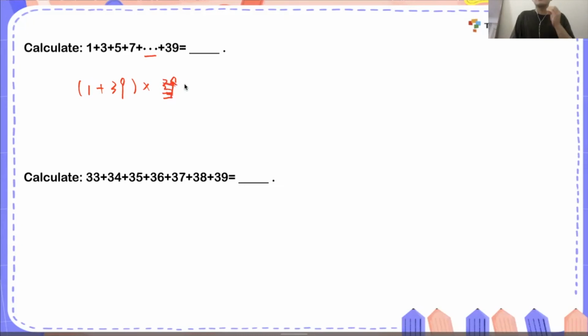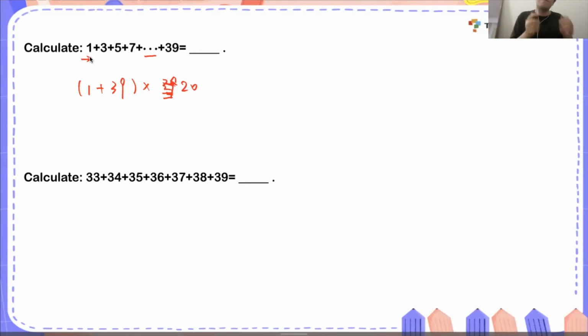Okay, great. So we should have another number that is the number of terms in this arithmetic sequence. We should have 20. Okay, how we have this 20? So we observe this arithmetic sequence that is from 1 to 39. That is all odd numbers, right?